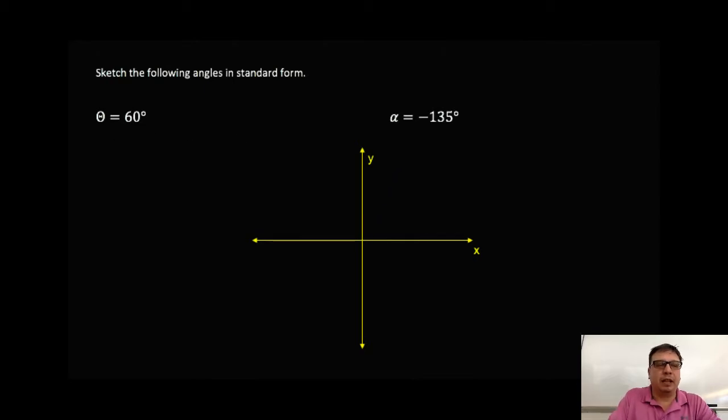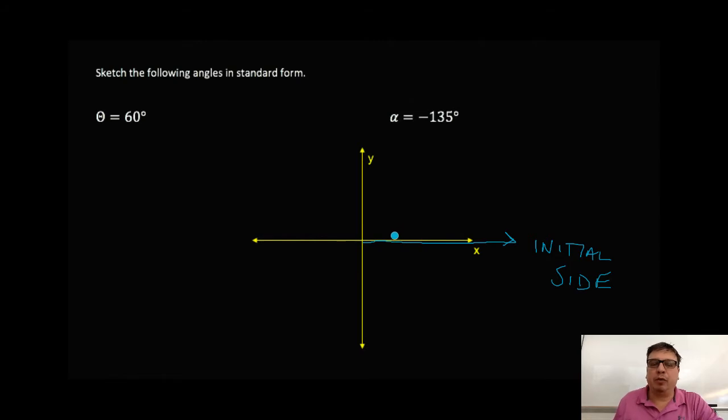So for me to do that, let me go ahead and change my color here. So now I'm going to use the pen to draw that, and actually I should be able to draw a line, but we'll just go through and do it by hand. So here's where we start, and we'll draw our line out. So this is my initial side.